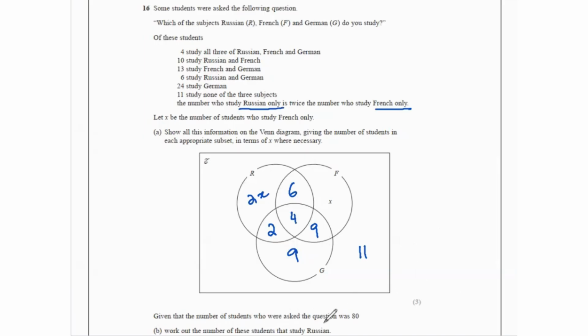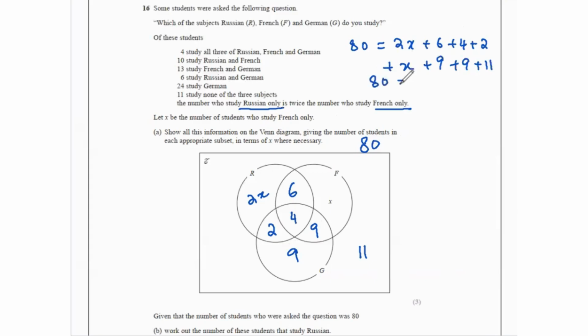Given that the number of students who were asked the question was 80, so that's the total number of people over here. Work out the number of these students that study Russian. If there are 80 people in total, we can add all of these up and put it equal to 80. So 80 equals 2x plus 6 plus 4 plus 2 plus x plus 9 plus 9 again, and then 11.